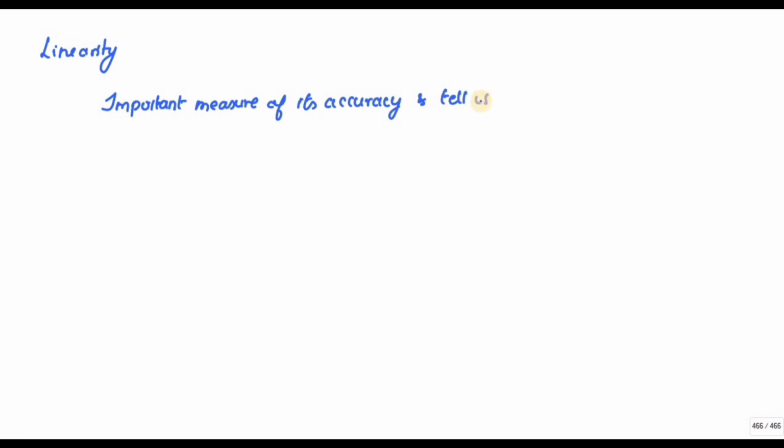It also tells us how close it is to my ideal converter's ideal transfer characteristics.